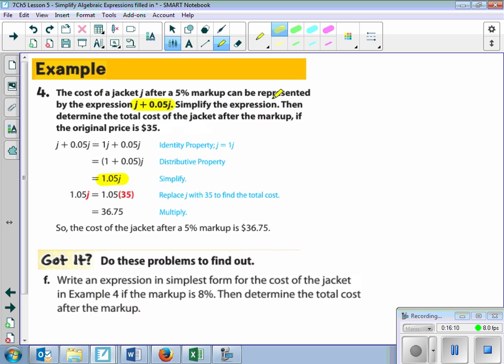Next we're going to evaluate this expression when J is equal to 35. So, evaluate means what? Substitute and simplify. So wherever there's a J, we're going to write 35. So 1.05 times 35 gives me $36.75.